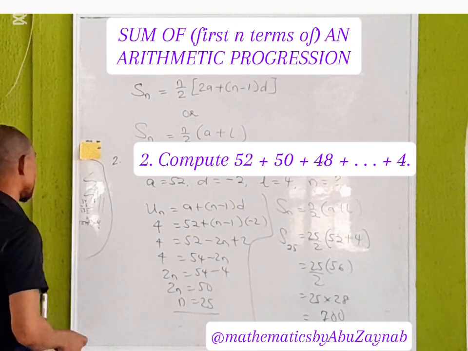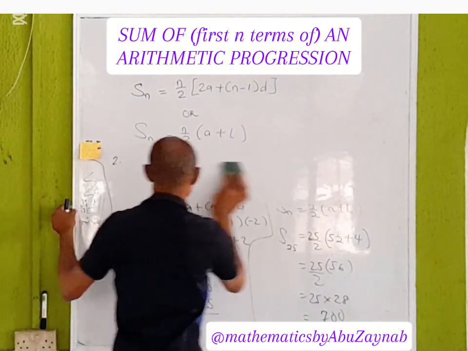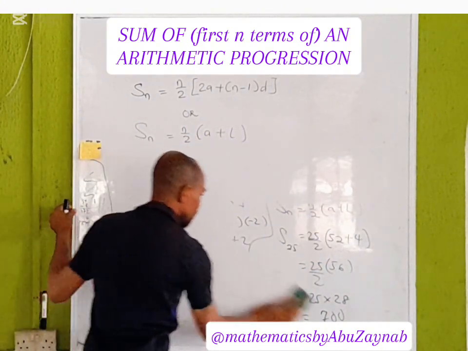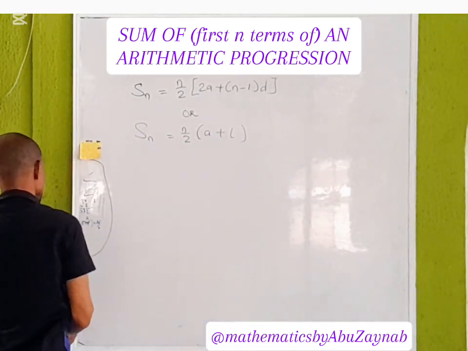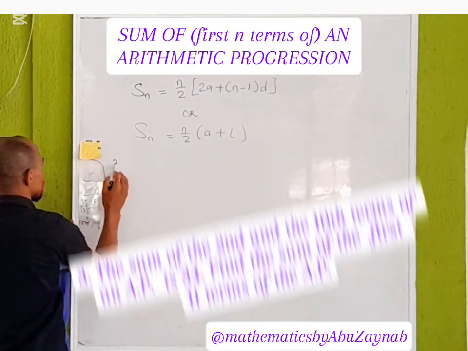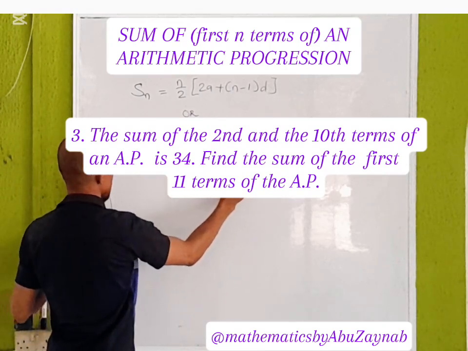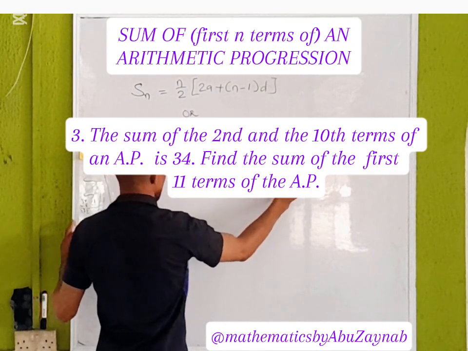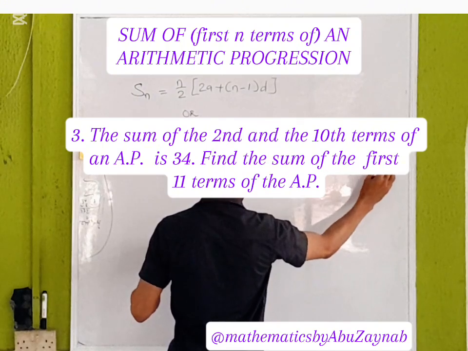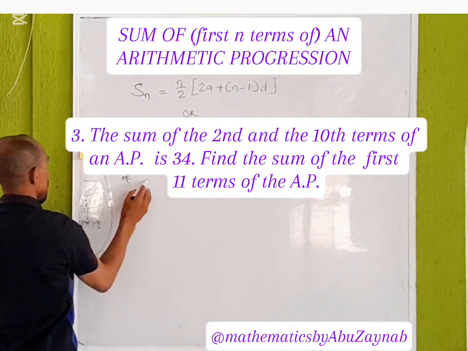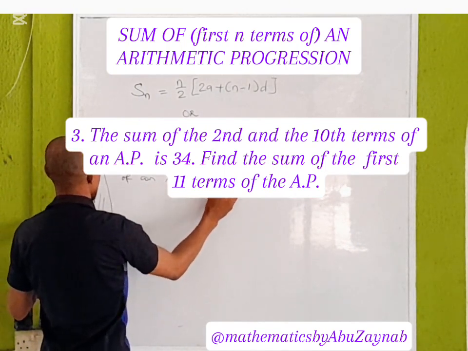And finally, we look at the third question here. We are told that the sum of the second and the 10th terms of an AP, that's arithmetic progression, is 34.